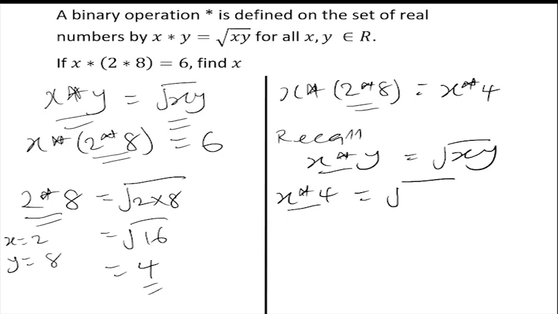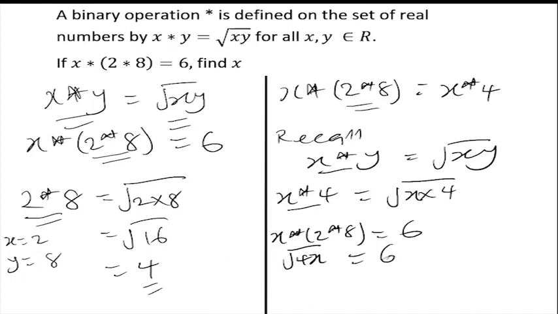So this in turn will give us square root of x multiplied by 4. And from the question, we were given that x operating on (2 operating on 8) equals 6. So now that we've been able to simplify this, x operating on (2 operating on 8) is the same thing as square root of 4x. So this will be equal to 6.